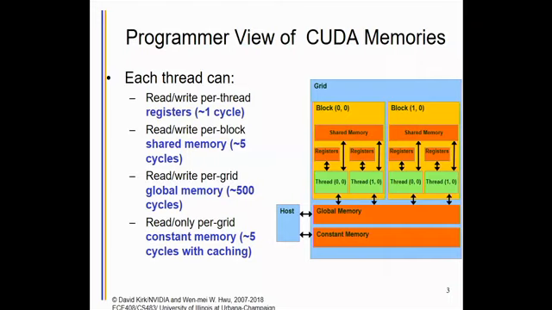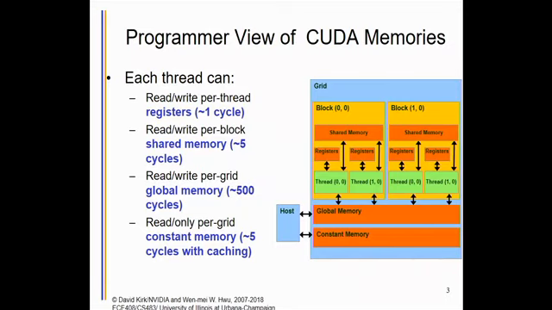So when you allocate shared memory, you're allocating it for a particular thread block. Other thread blocks cannot see the contents of your shared memory. These locations can be accessed reasonably fast, maybe about 5 clock cycles or so.